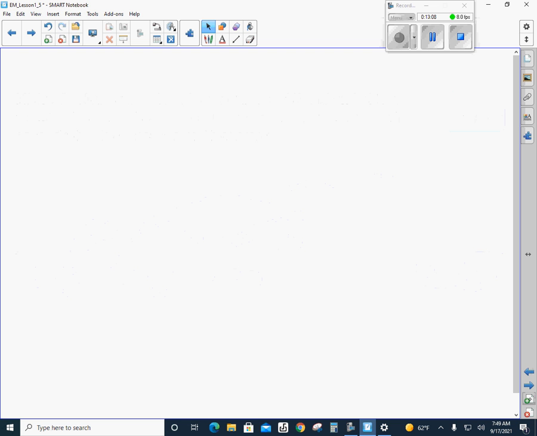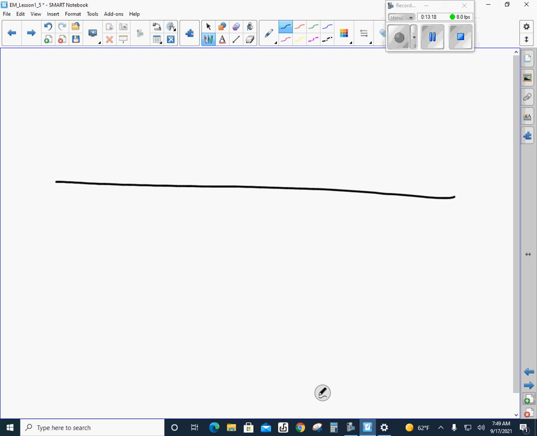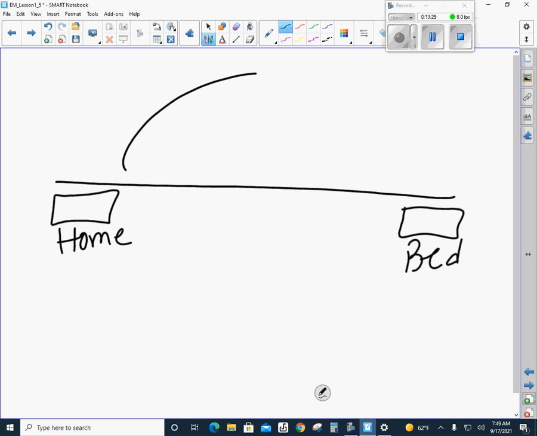Maybe figure out, what time do we get to school and what time do we leave school, and then figure out how much time is in between. Maybe you want to figure out, okay, what time do I get home from school? What time do I go to bed? And then how much time do I get to spend at home? So come up with a couple of things that you can figure out the elapsed time.